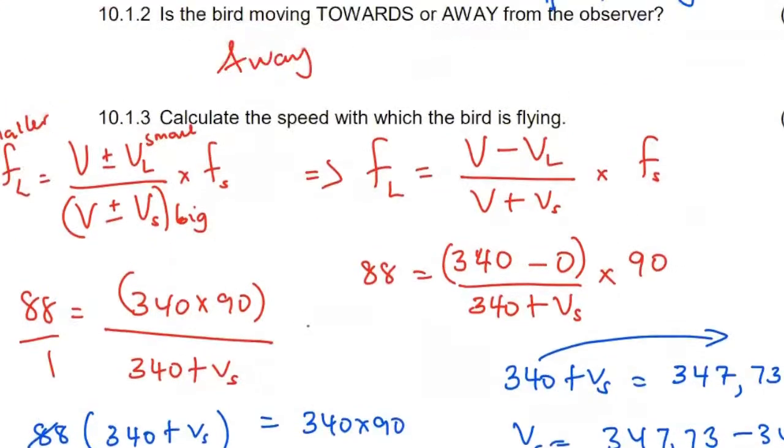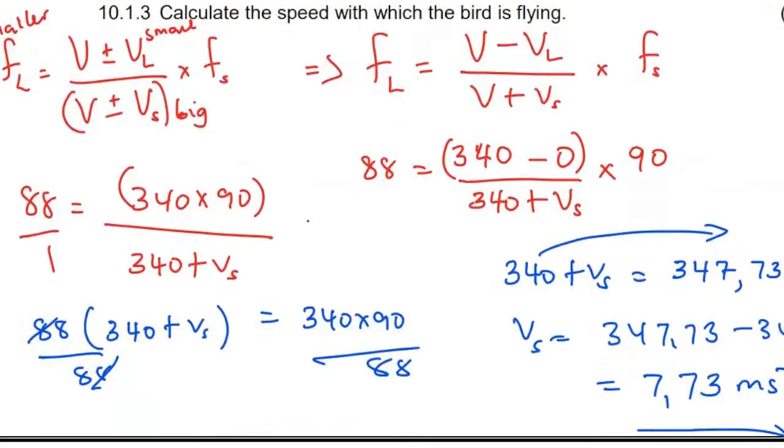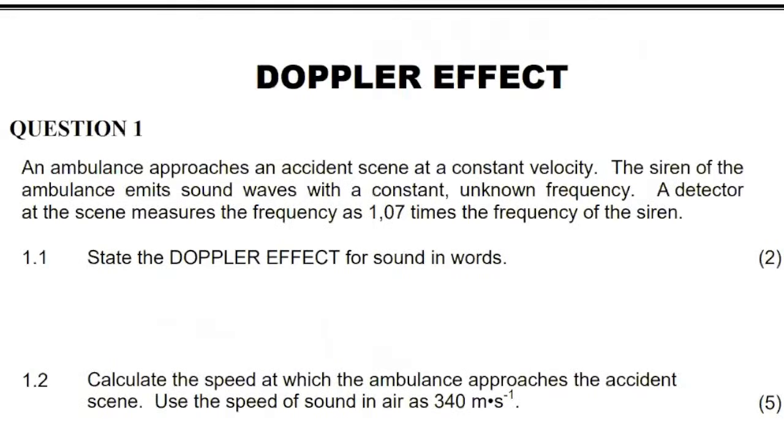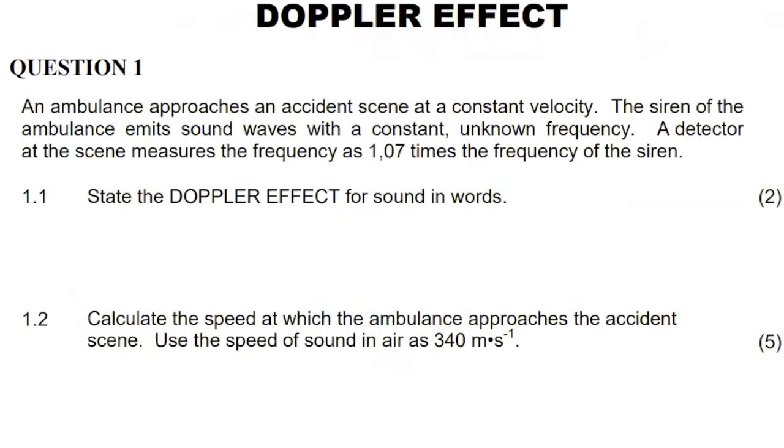All right, then I'm going to go to my question number 1. Question number 1 is telling us that we have an ambulance approaching an accident scene at a constant velocity.